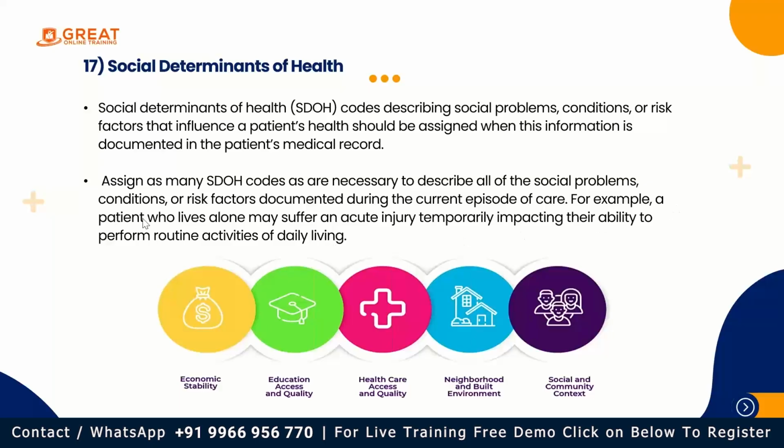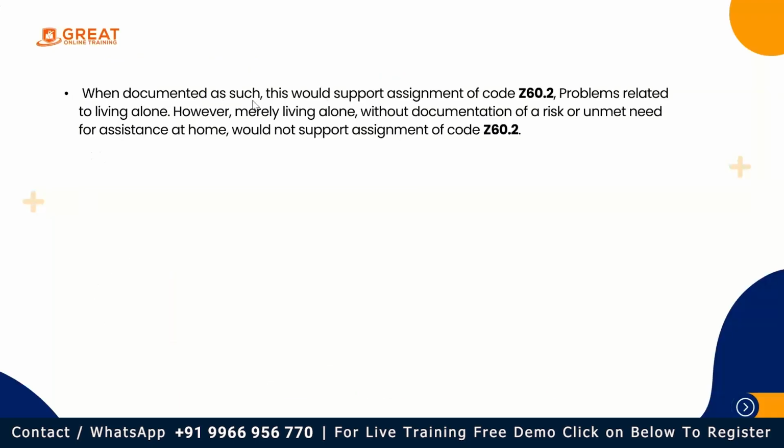For example, a patient who lives alone may suffer an acute injury temporarily, impacting their ability to perform routine activities of daily living. In such cases, we have to use SDOH codes, social determinants of health codes, when documented. This would support assignment of code G60.2 problems related to living alone.